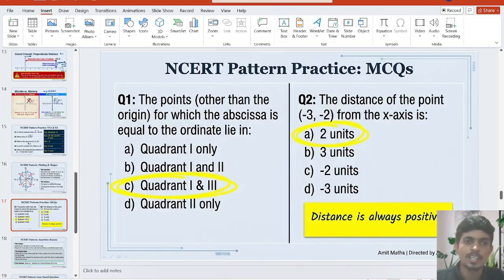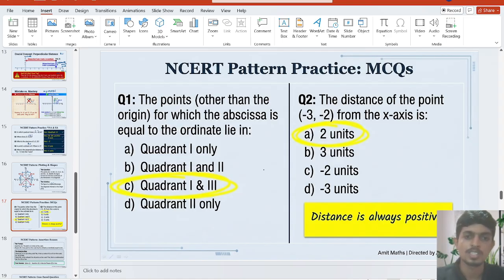The points other than the origin for which the abscissa is equal to the ordinate lie in the first and third quadrant. Here it is asking for the points other than the origin for which the abscissa is equal to the ordinate.